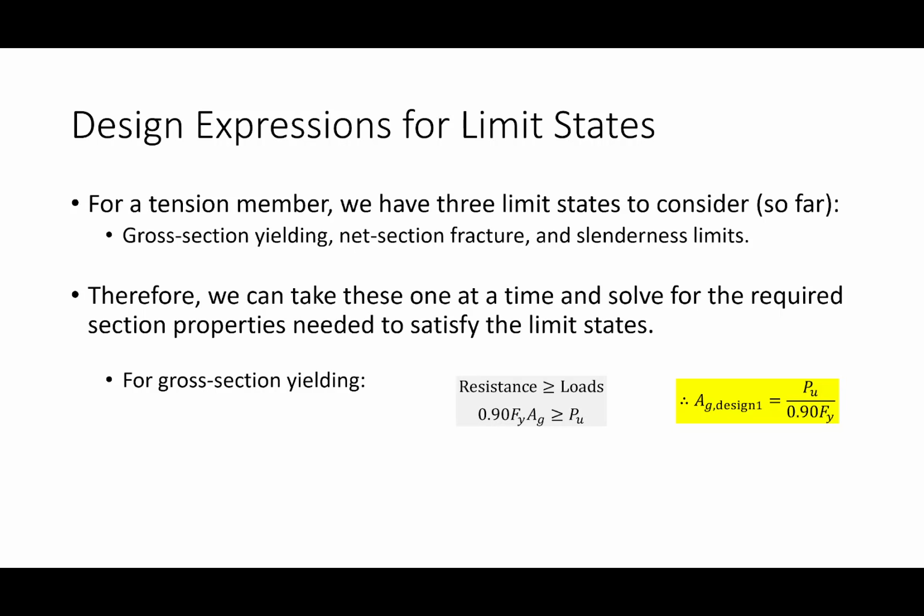So in other words, I can calculate what I'm calling a gross area for design, and I can say, all right, let's say the gross area for design is 6.2 square inches. Pick a member that has a gross area at least that, if not bigger, okay? Then I'll know I meet that limit state, okay?